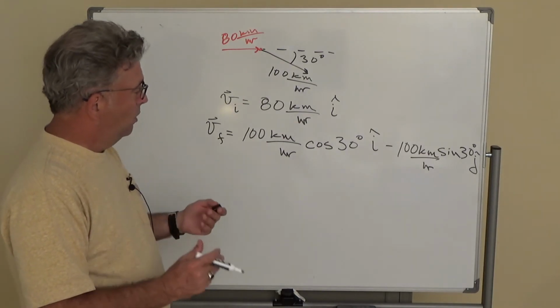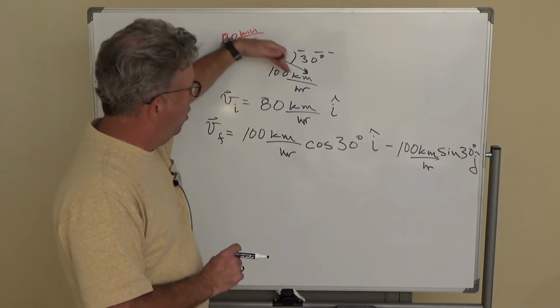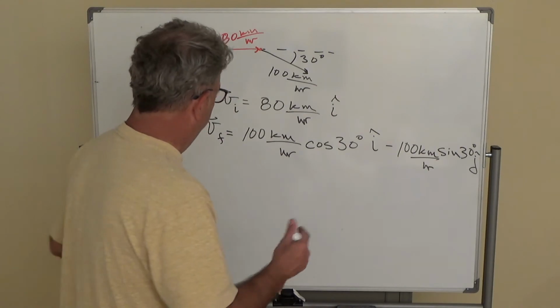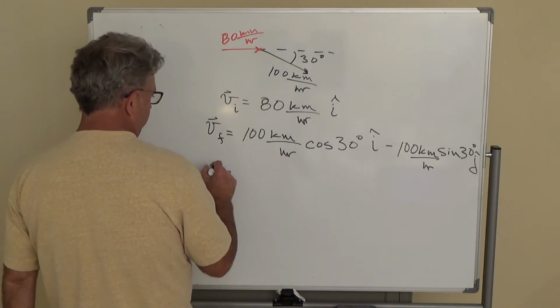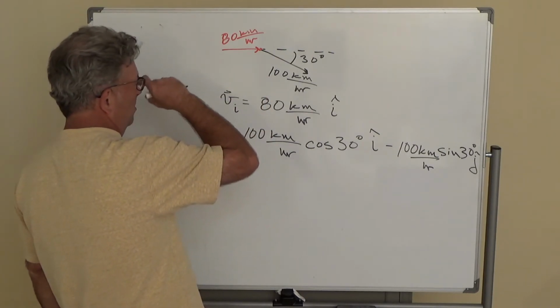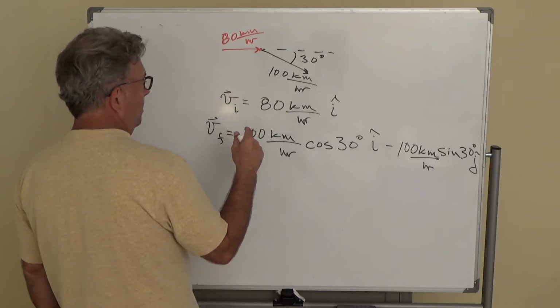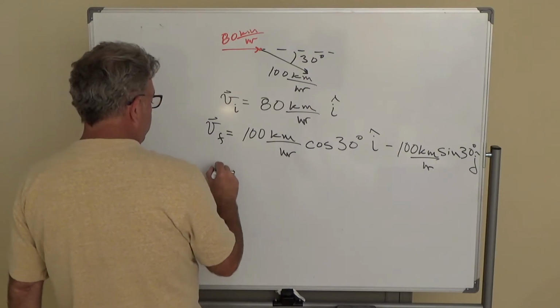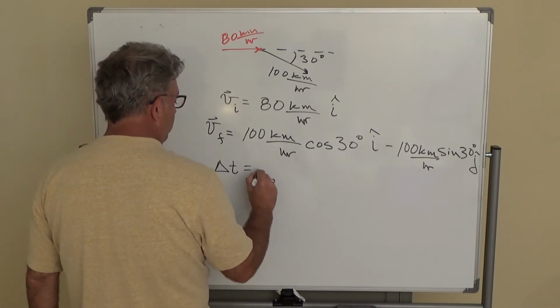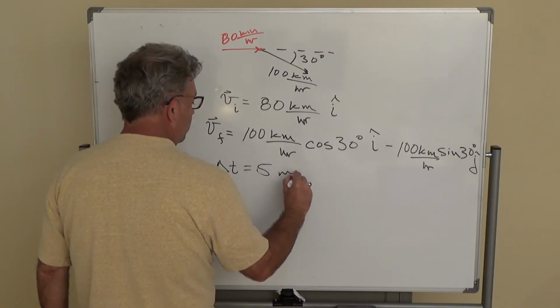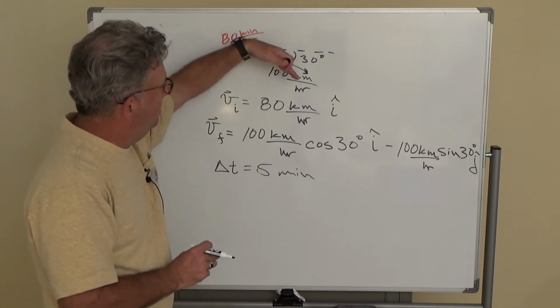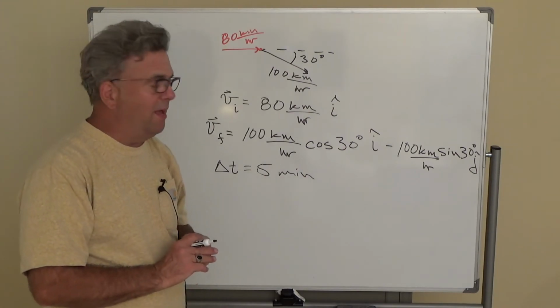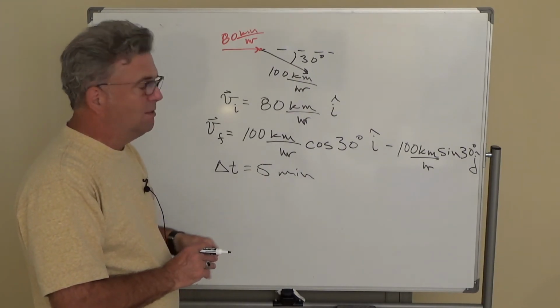Okay? So let's say that this turn that the train took 5 minutes. That seems a little fast. Let's say, no, that's good. So let's say delta t was equal to 5 minutes. For it to make that turn and speed up and all of that stuff took about 5 minutes.